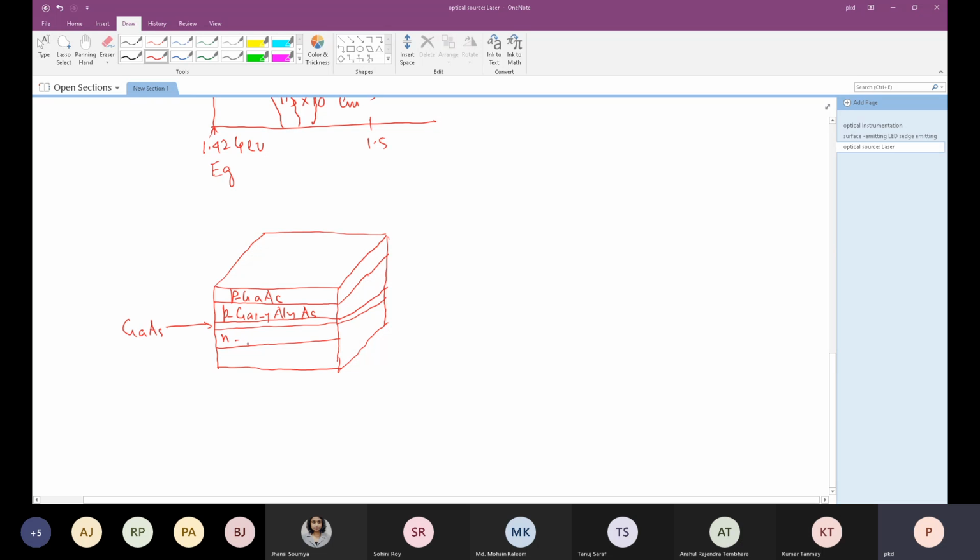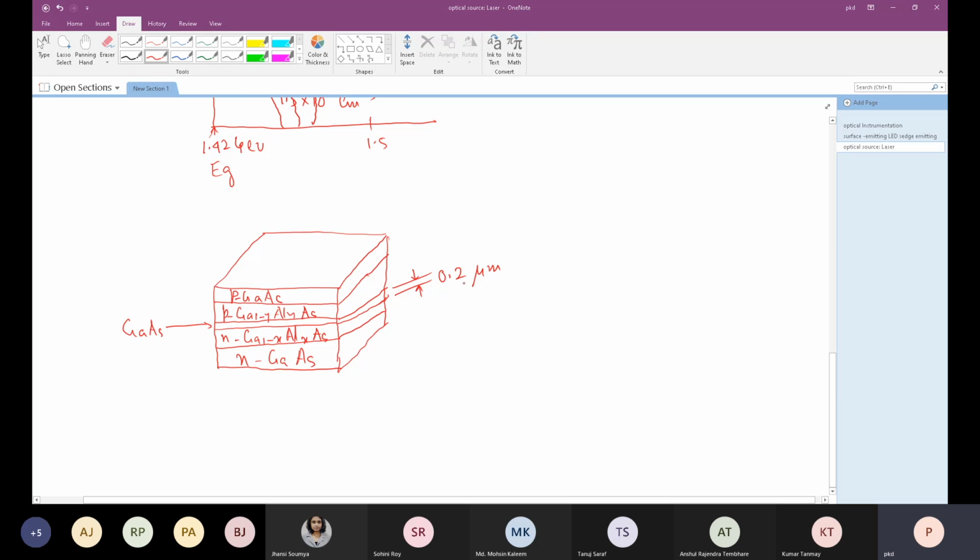If we just compare with the previous gallium aluminum arsenide structure that we have discussed, the only thing is that the layer thickness of this layer is much lower than a typical LED.